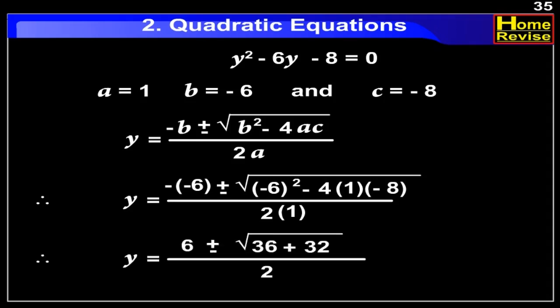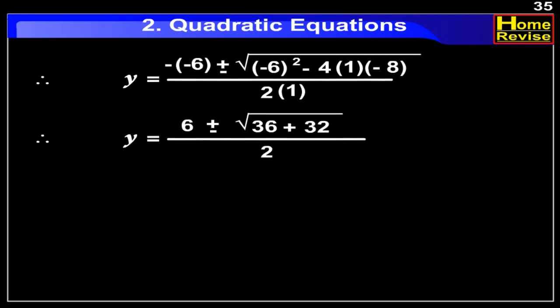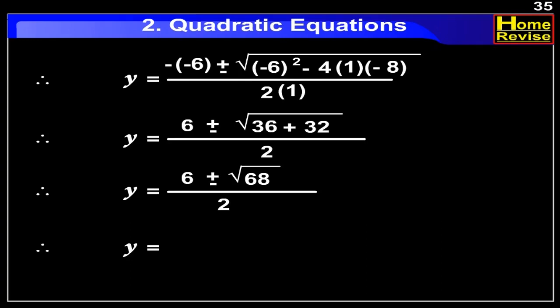Therefore, y is equal to 6 plus or minus under root 36 plus 32 upon 2. Therefore, y is equal to 6 plus or minus root 68 upon 2. Therefore, y is equal to 6 plus or minus 2 root 17 upon 2.